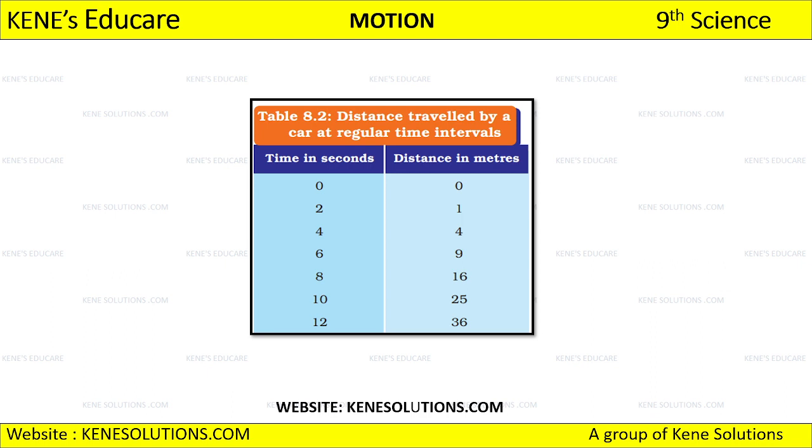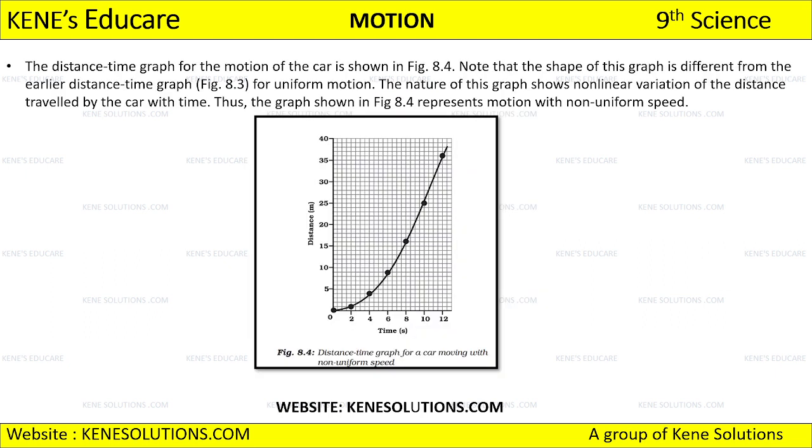In 4 seconds the distance traveled was 4, right? So based on this, we had to plot a distance time graph for a car moving with a non-uniform speed. So I just want you all to please go through it as well.